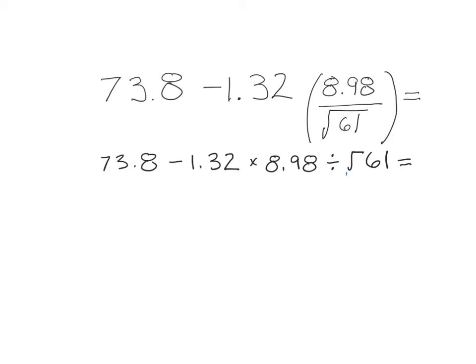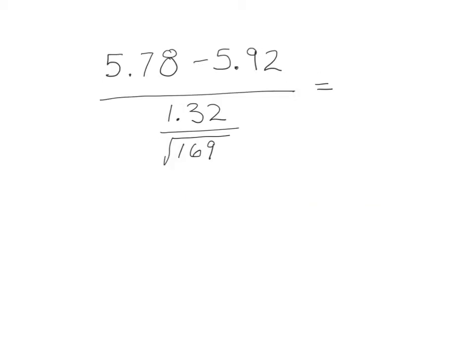Your calculator is going to do the square root first, and then it's going to do this piece. So your calculator is going to do this piece first, and then subtract that result from 73.8. And so if you enter that in your calculator, you should get 72.28.